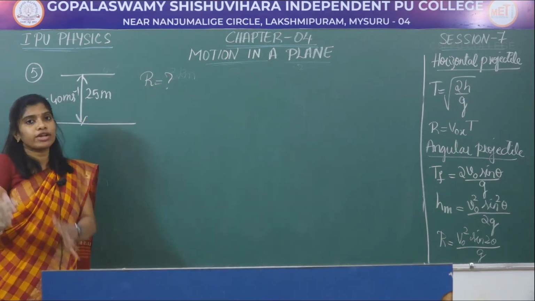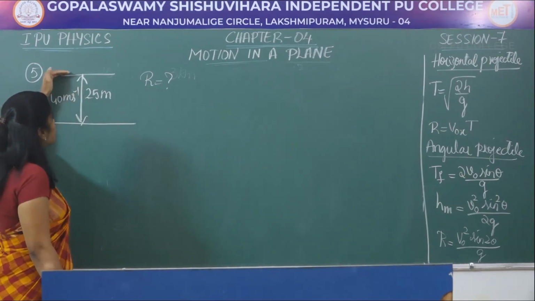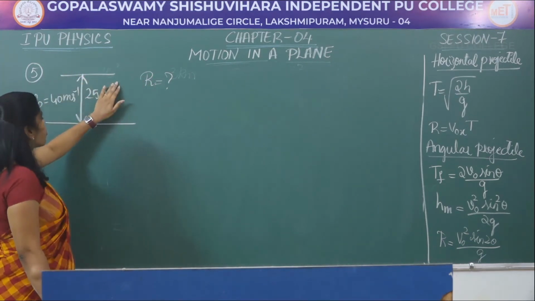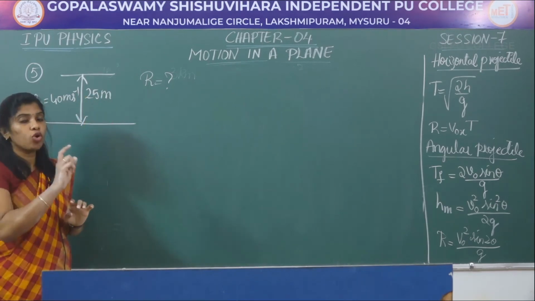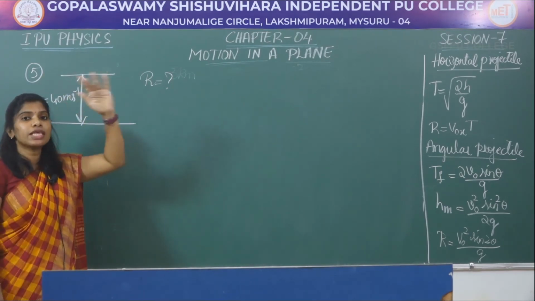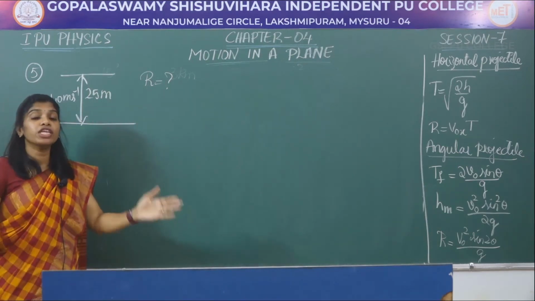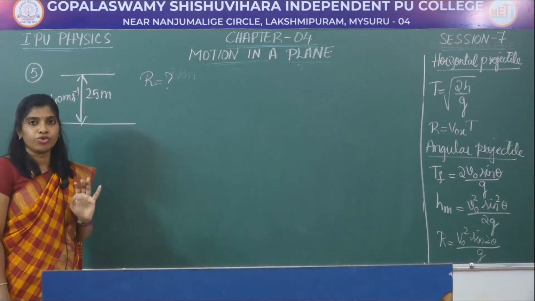The maximum horizontal range of this ball that can be reached without hitting the ceiling of this auditorium. The ceiling of the auditorium is at a height of 25 meter. So, the ball which has been thrown should not touch the ceiling of the auditorium. Then what range, the maximum range it can reach without touching the ceiling of the auditorium?